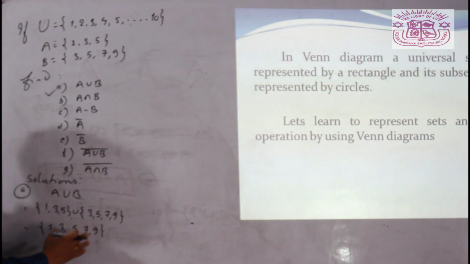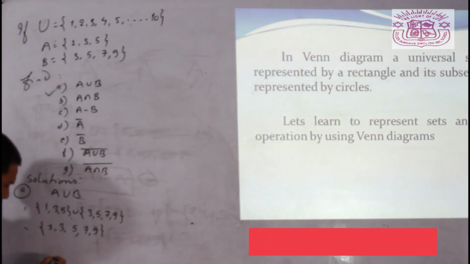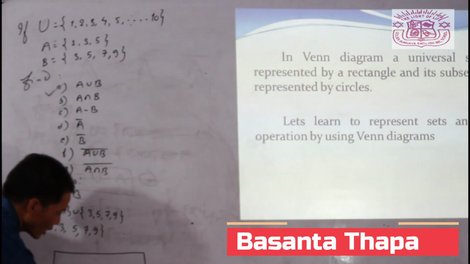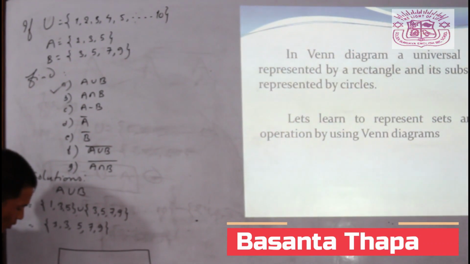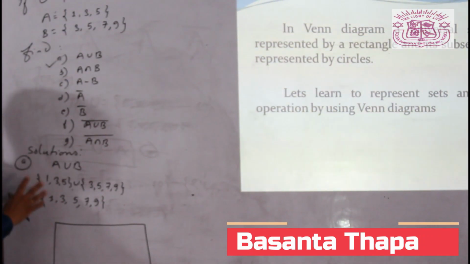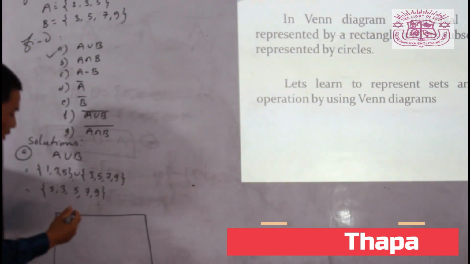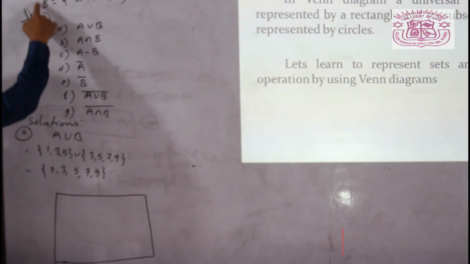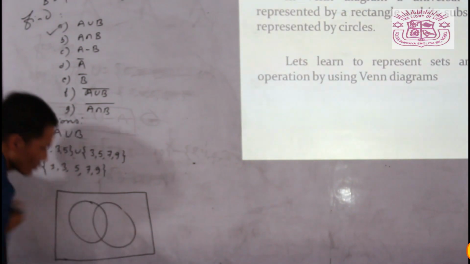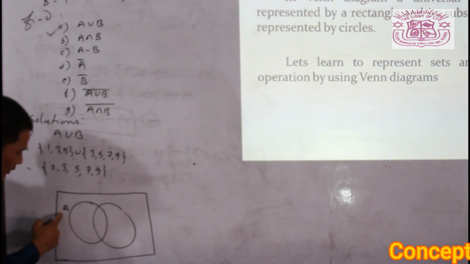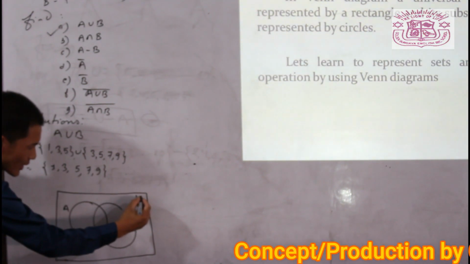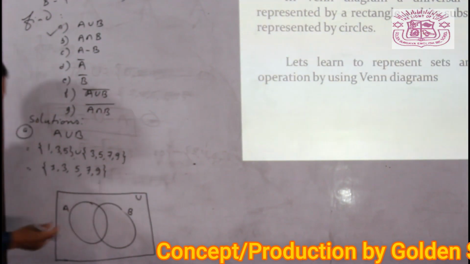And for this we have to draw the Venn diagram also. So first of all, you need to draw a rectangle. Rectangle represents the universal set while drawing the Venn diagram. Here we have two sets A and B, so we just write two circles. Write the name with capital letter A, B. Here you mark it as U. U means universal set.